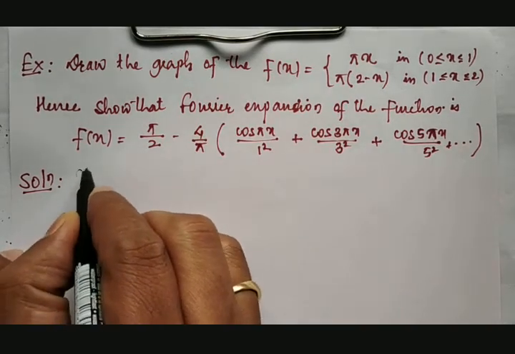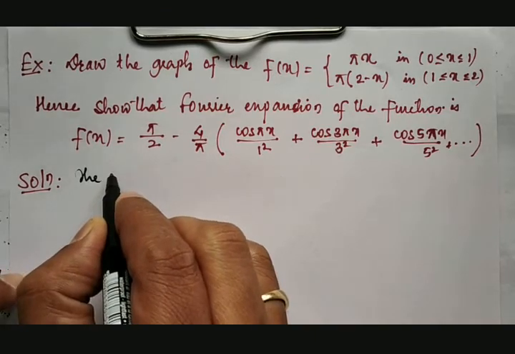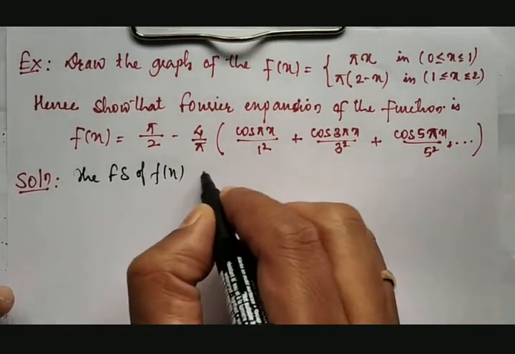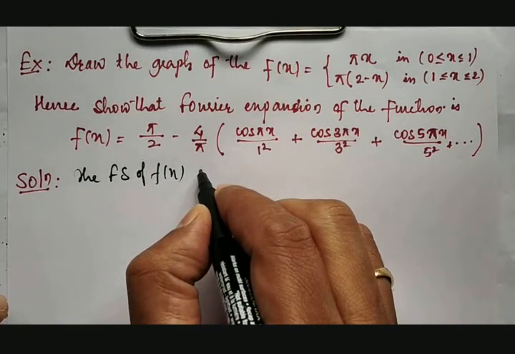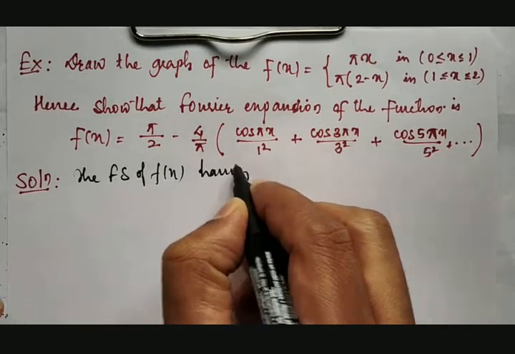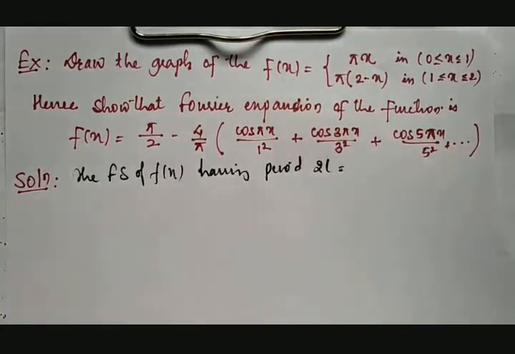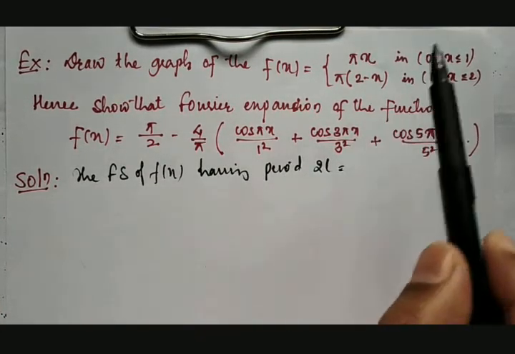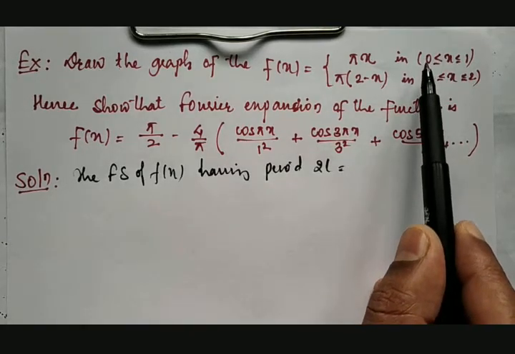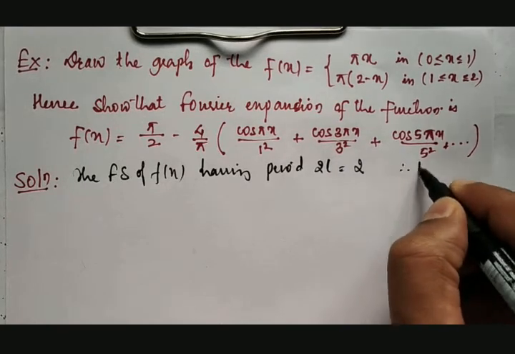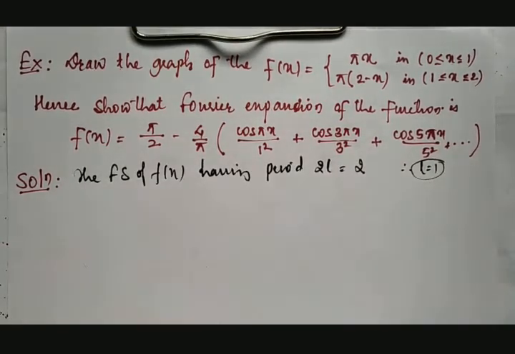Here first I'll write down the Fourier series of f of x having a period 2l. What is 2l here? You can see 2l is between 0 to 2, meaning 2l is equal to 2, therefore l is equal to 1.